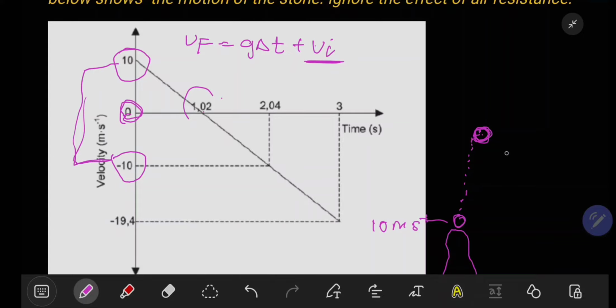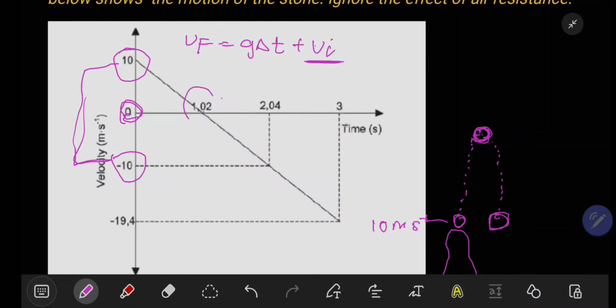We know that if the ball leaves the hand with a velocity of 10 meters per second, it will return to the same position with the same speed. Then it means that the ball changed direction, and when it reached the same position as it was before, the velocity was 10 meters per second in magnitude.